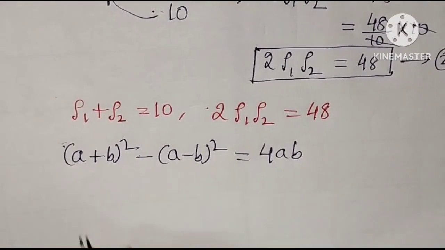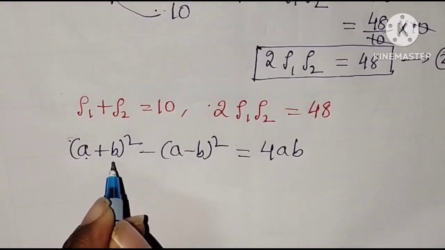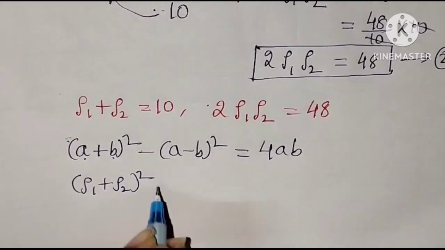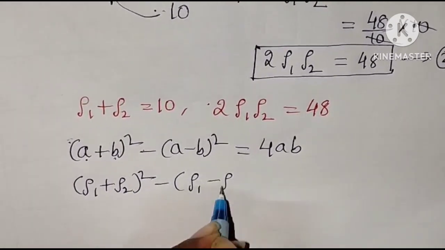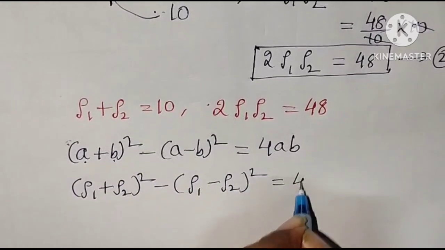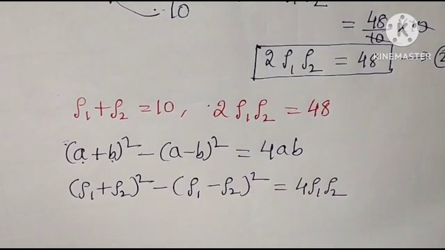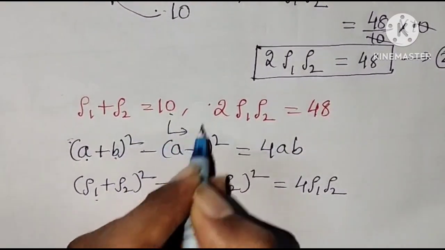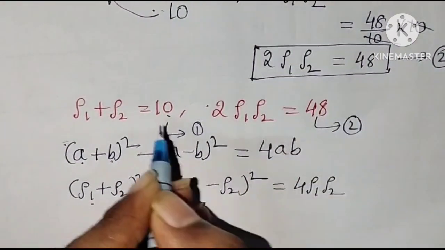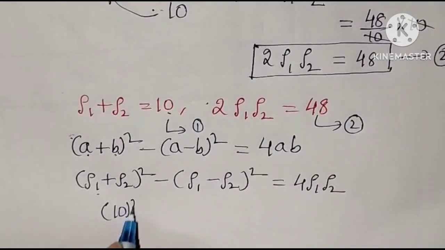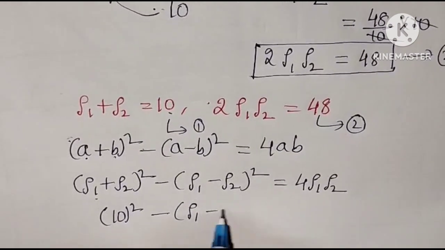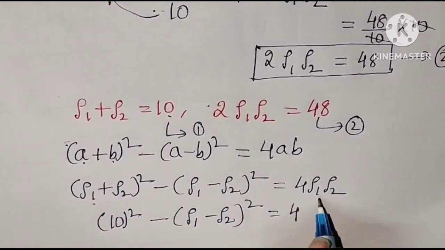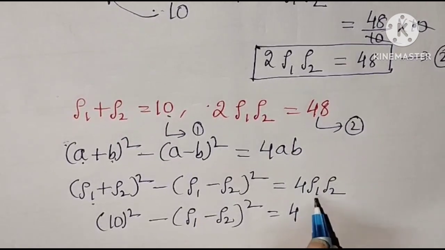Using this formula, put a equal to rho 1 and b equal to rho 2. Then rho 1 plus rho 2 whole square minus rho 1 minus rho 2 whole square is equal to 4 rho 1 rho 2. From equation number 1, rho 1 plus rho 2 is 10. So 10 square minus rho 1 minus rho 2 whole square is equal to 4 rho 1 rho 2.